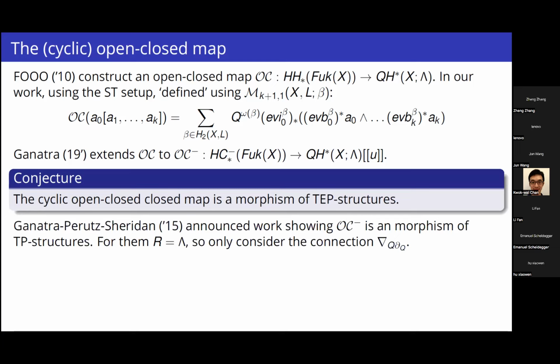And in 2015, Ganatra, Perutz, and Sheridan already announced work showing that the negative cyclic open-closed map is a morphism of TP structures. But they only work over the Novikov ring, so they only have this connection in the Q direction. And they don't consider the connection in the U direction, which is why I started thinking about my work.